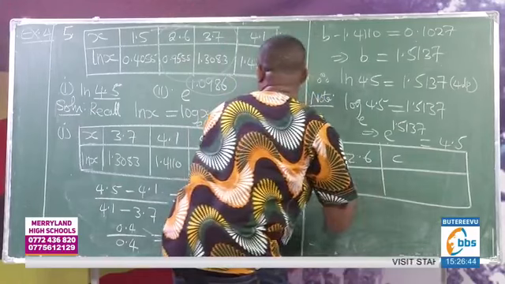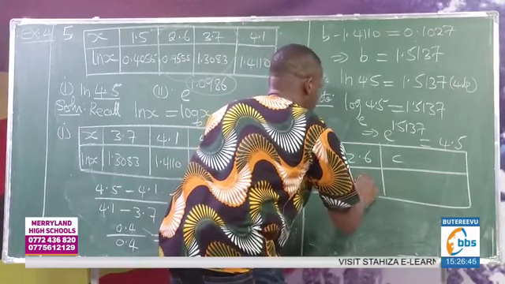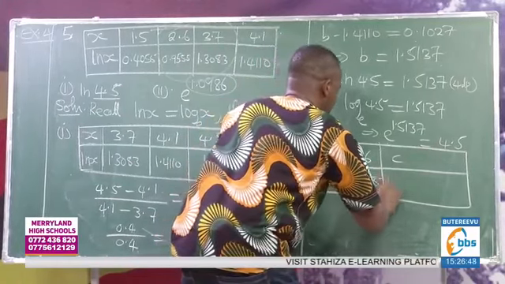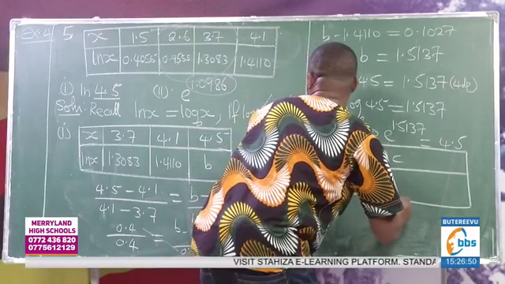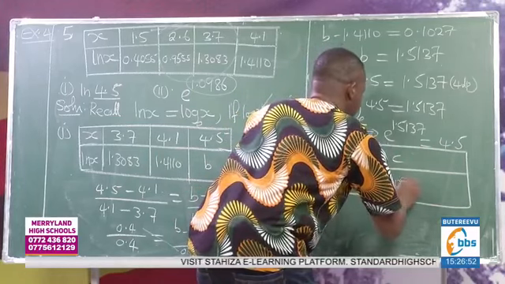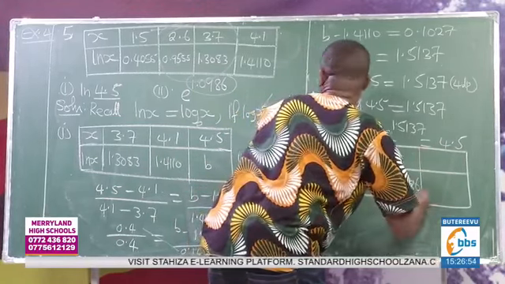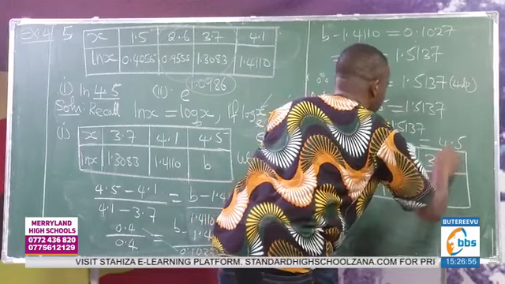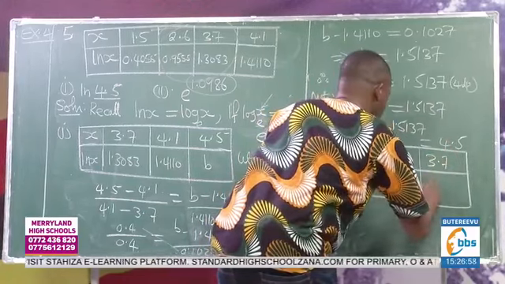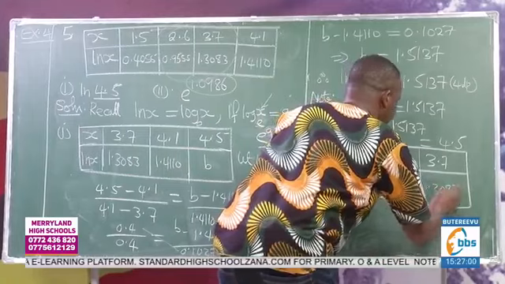The value of ln 2.6 is 0.9555. The value here is 1.0986. And here we have 3.7, and the value here is 1.3083.